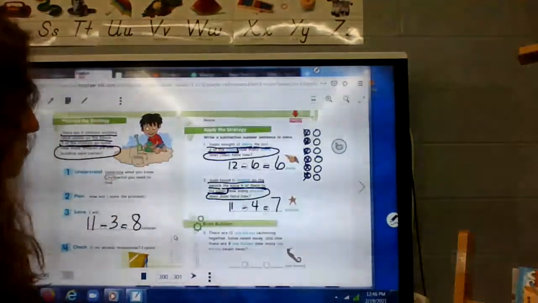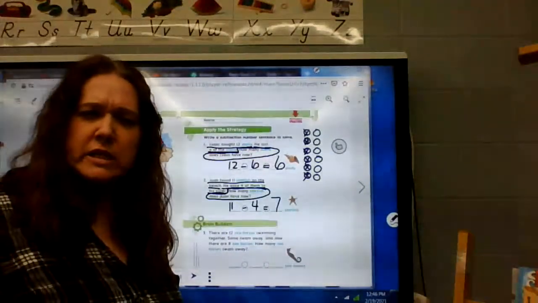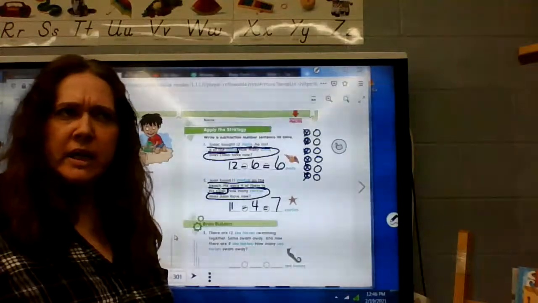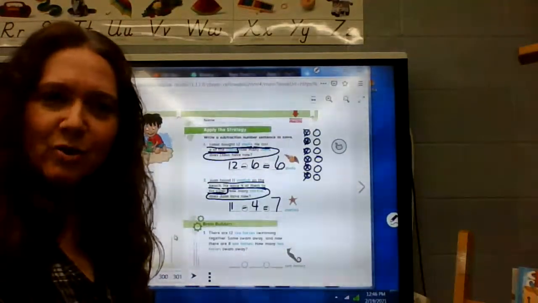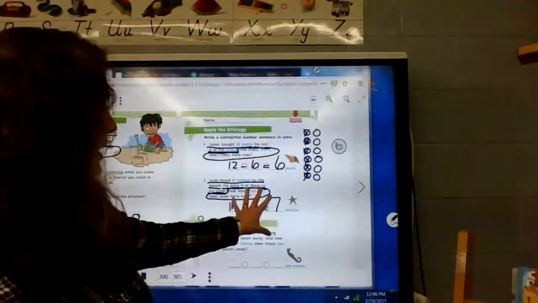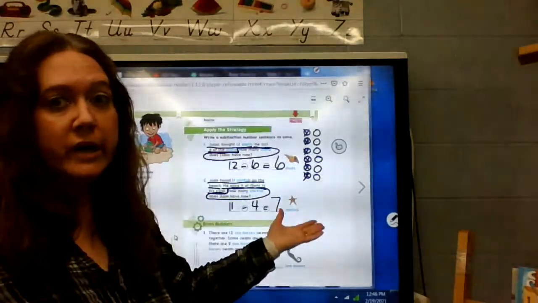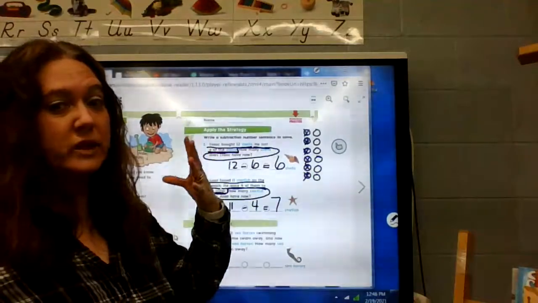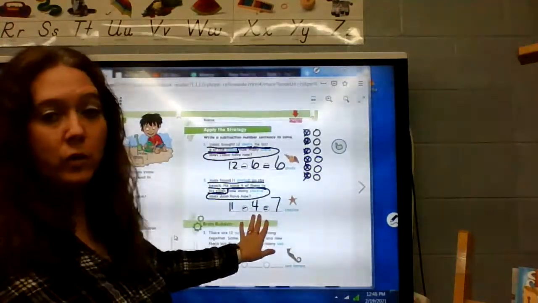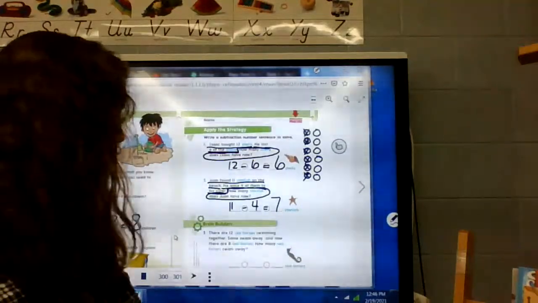So, does that seem reasonable? 11 minus 4, does that sound like the right number? I think so. Because again, our answer isn't bigger than what we started with, and it's not really tiny because we only took 4 away. So, I think it seems reasonable.